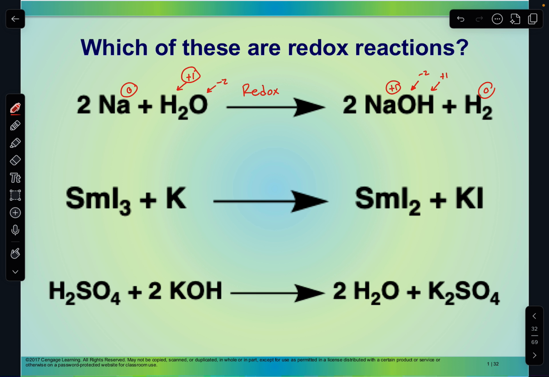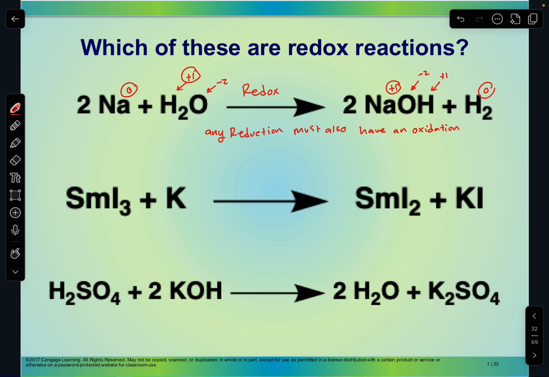Anytime you have something that is reduced, you also have something that is oxidized. Any reduction must also have an oxidation. Sodium was oxidized and hydrogen was reduced.